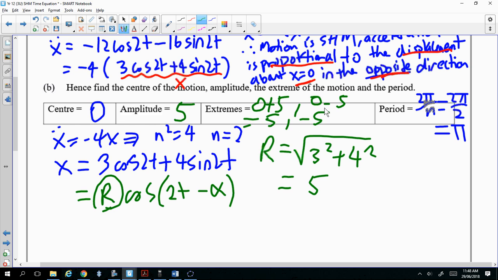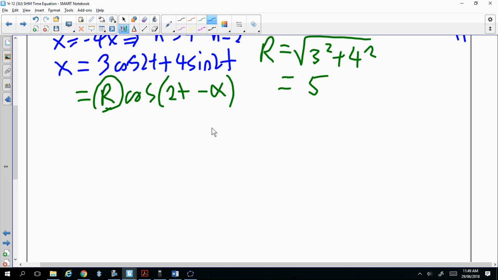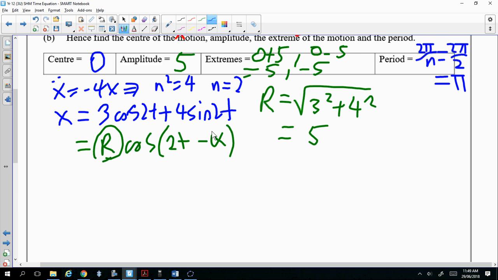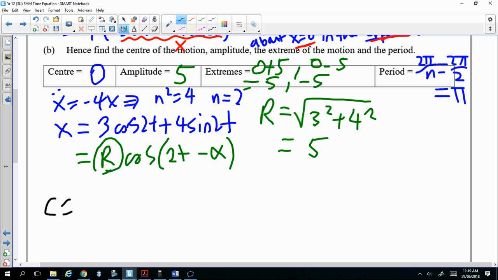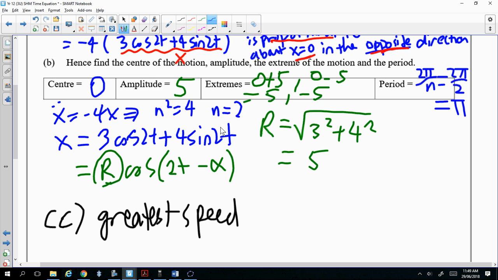Next we're going to find the greatest speed. At the bottom, probably I left too much space, so let's do it on the top. Greatest speed. How do we get the greatest speed of the motion? You get the velocity first. So maybe it's better to work with x equal to 5 cos(2t minus alpha). Then we find v equal to negative 10 sine(2t minus alpha).